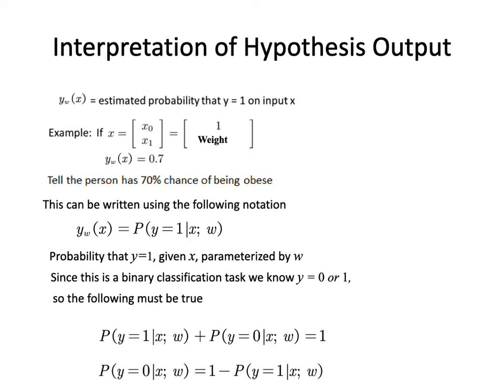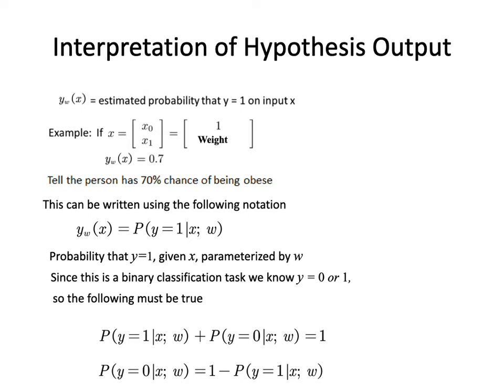Like if we are given two values, x0 and x1, where x0 is the 1 unit value and x1 is the weight of a person, and the predicted value is 0.7. With these two values, the sigmoid function gives us 0.7.